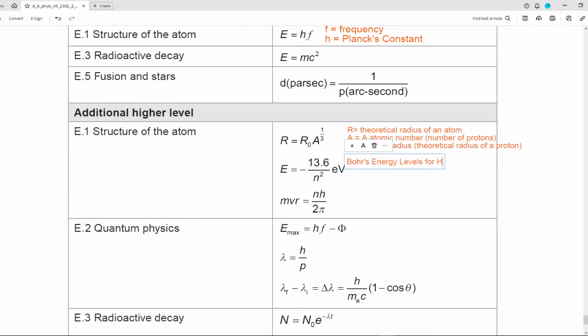So for a hydrogen atom, one nucleus, one electron.